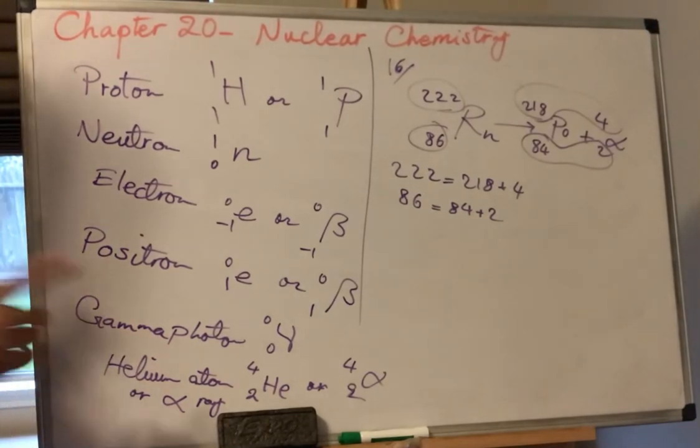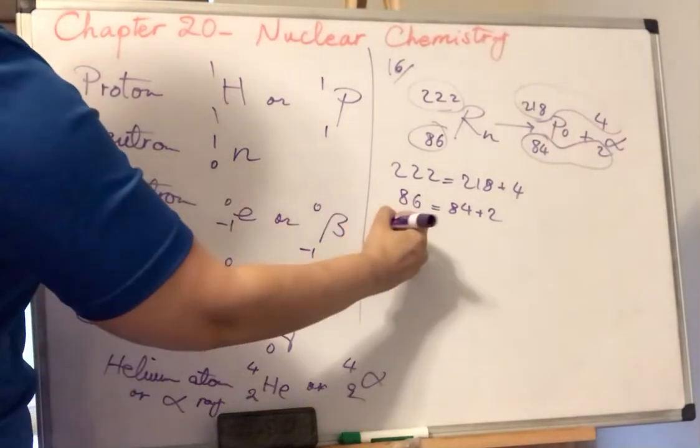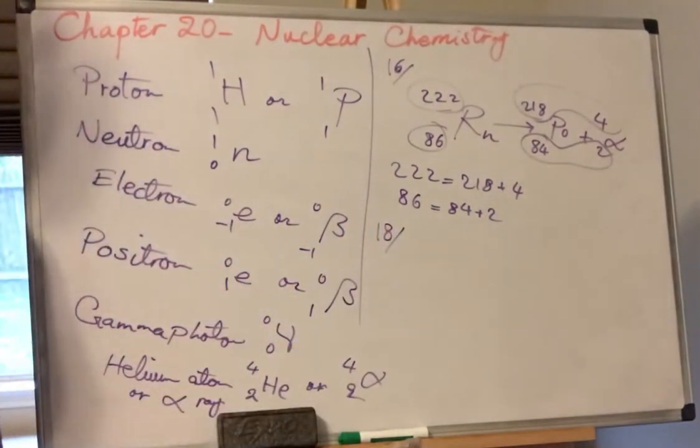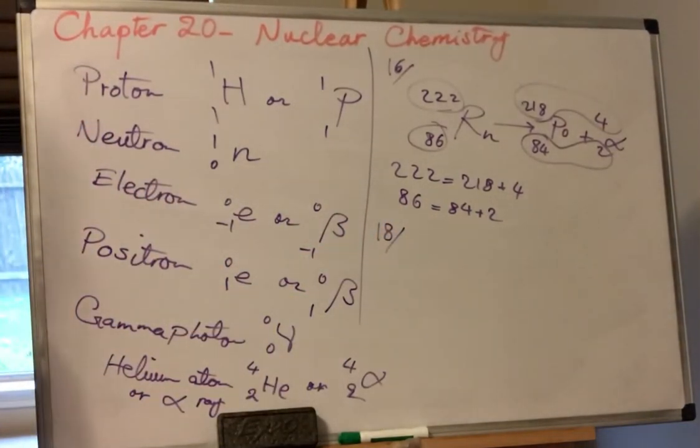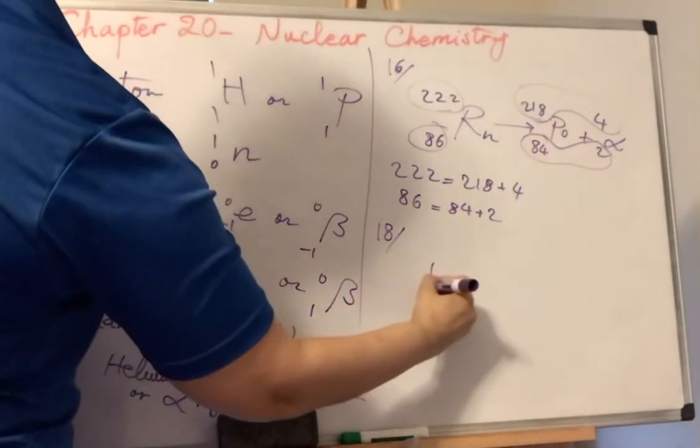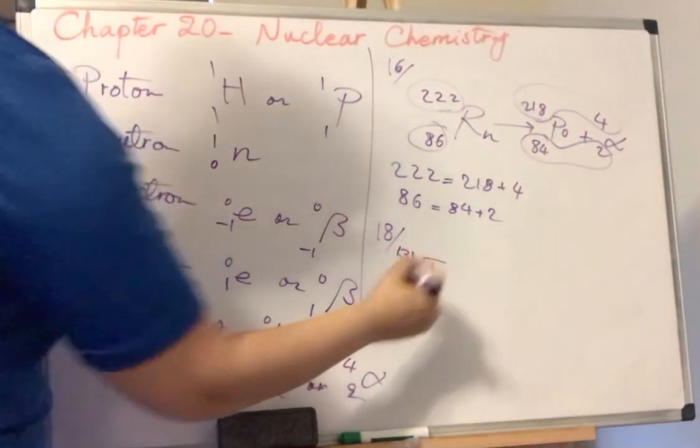Another example on slide number 18. Iodine-131 is used in the diagnosis and treatment of thyroid cancer. This isotope decays by beta emission. What is the product nucleus? So iodine, it says 131. Look at periodic table.